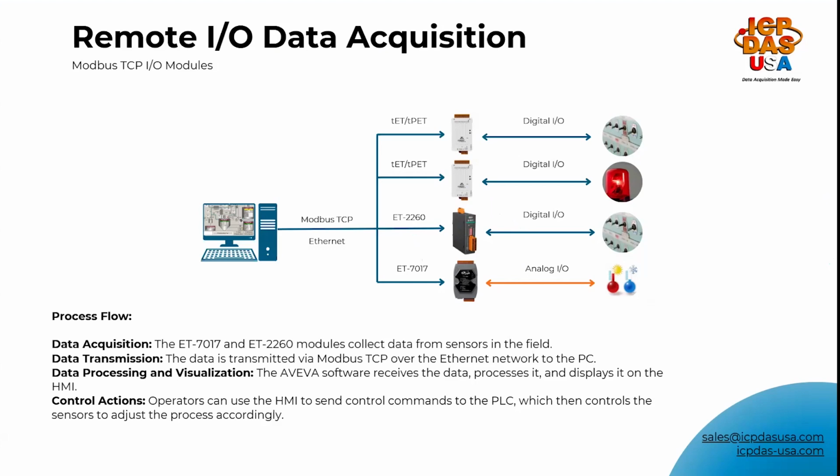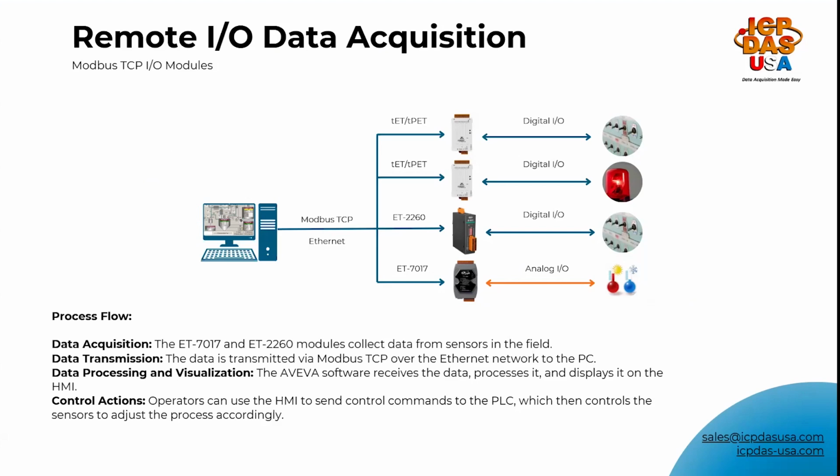Modbus TCP Ethernet indicates that the communication between the I/O modules and the PC occurs via the Modbus TCP protocol over an Ethernet network. The PC here represents a computer running AVEVA Edge software, which combines HMI functionality with data acquisition, processing, and control capabilities.